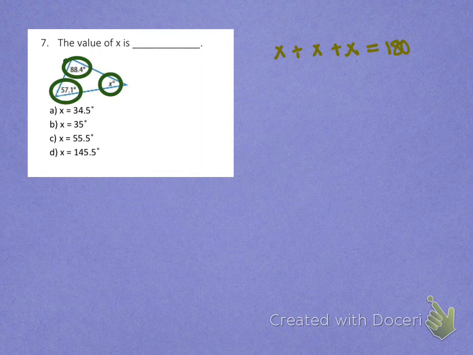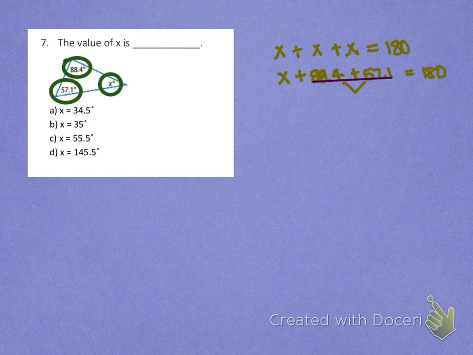Okay, so here we have, I always like to write x first. x plus 88.4 plus 57.1. And it's addition, so it doesn't matter which numbers you write first because we're adding here, right? Okay, so we're going to simplify the left side, and that's taking these 2 right here and adding them.